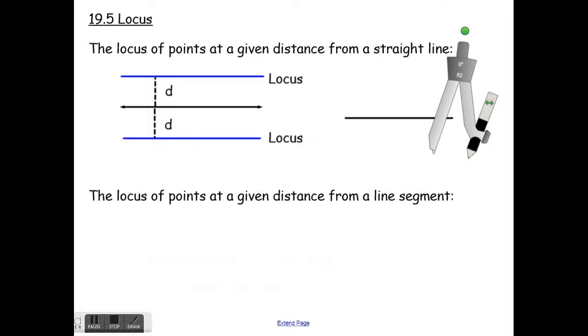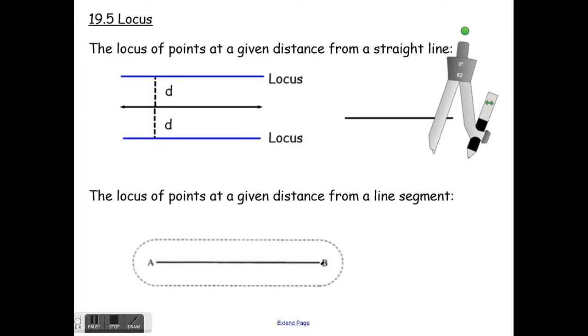And then the next one, the locus of points at a given distance from a line segment. Now this one is only different from this because a line segment has two ends, right? Our line there goes on forever. That's why we have the arrows on each end. But a line segment only goes so far. So for the locus of points, the points actually curve around the ends of the line segment.